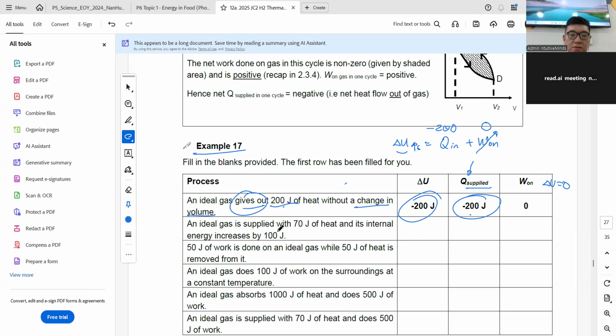All right, so if we do the second one, again, supplied with 70 joules of heat. Start with the first one, put it here, plus if you want to put in the sign, internal energy increases by 100 joules. So plus again, and that will give you 30 over here.